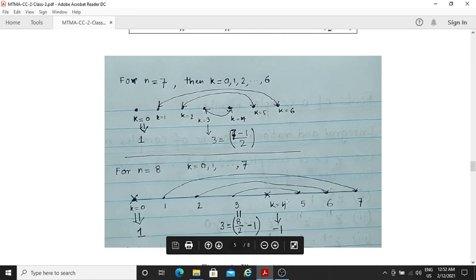We just omit them and the rest of the roots will be complex, and the complex roots are conjugate to each other. They are paired in this fashion: 1 is paired with the last one, 7, 2 is paired with 6, 3 is paired with 5. If you take larger values than 8, you can have more such pairings.